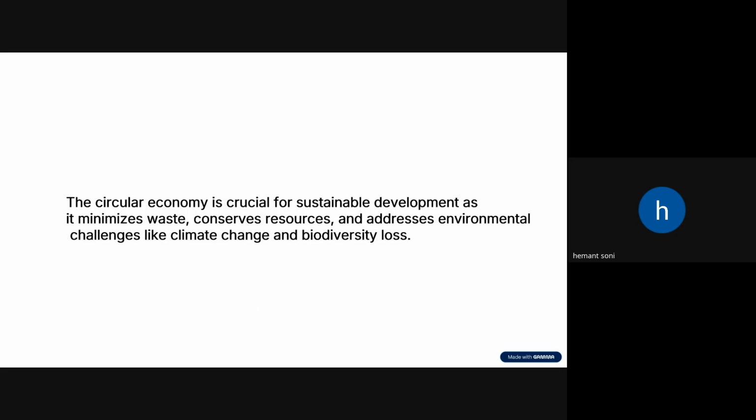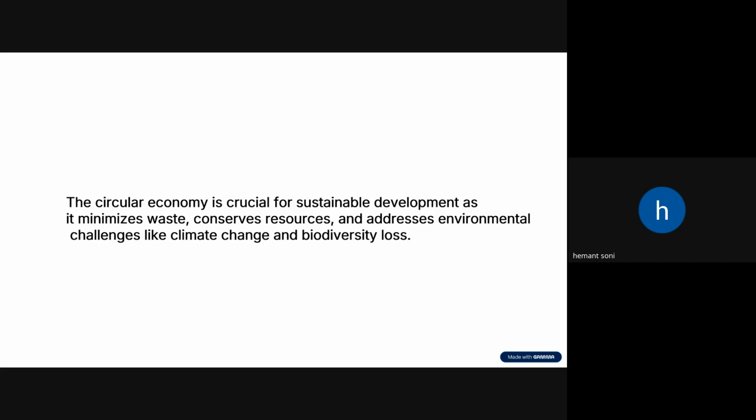The circular economy is crucial for sustainable development as it minimizes waste, conserves resources, and addresses environmental challenges like climate change and biodiversity loss. Because as you might have seen, in the linear system of production, a lot of waste is generated, and that waste is sometimes hazardous. It is difficult to process or dispose of that waste, so environmental challenges emerge.